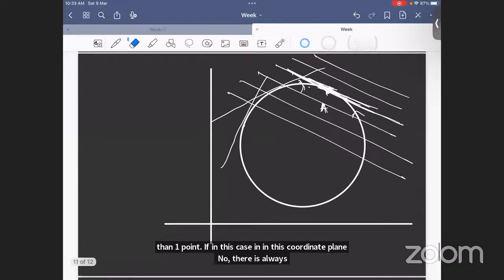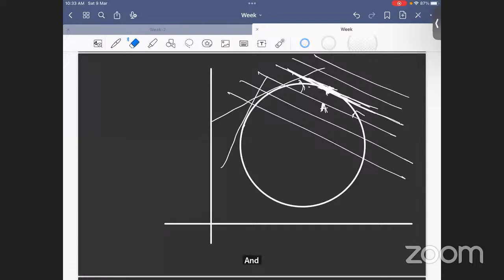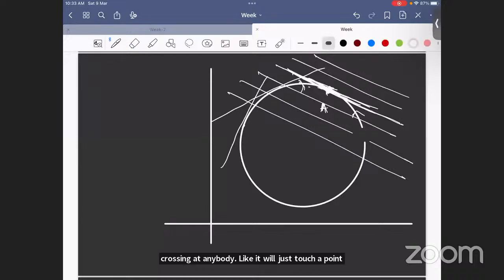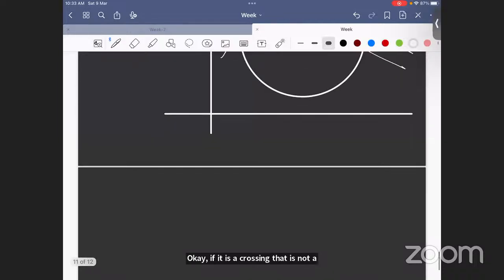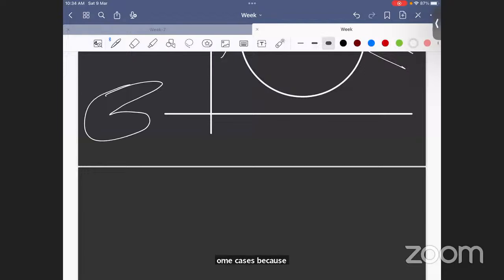Whenever you are drawing a tangent to most of the functions that you are dealing with, it will not be crossing at any point; it will just touch a point. If it is crossing, that is not a tangent itself. But for some irregular curves, it depends on how the plot is, whether it's in 3D or in 2D itself.